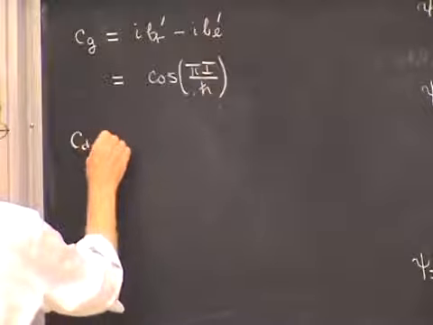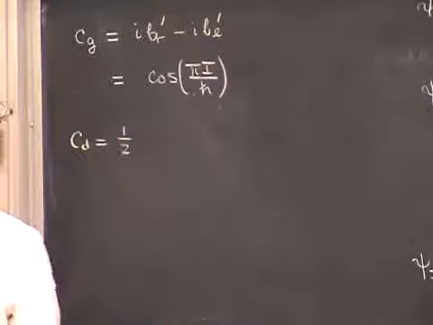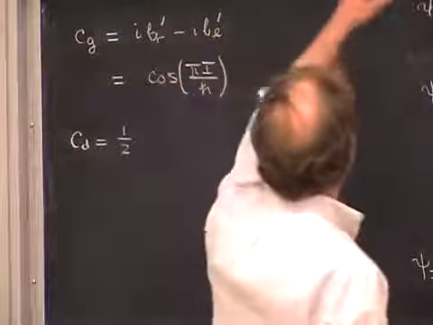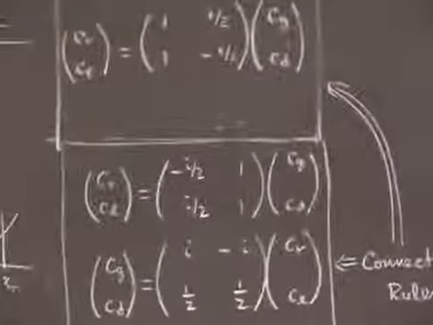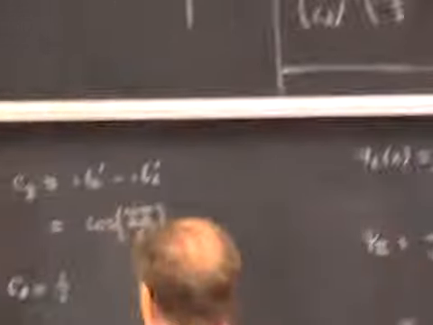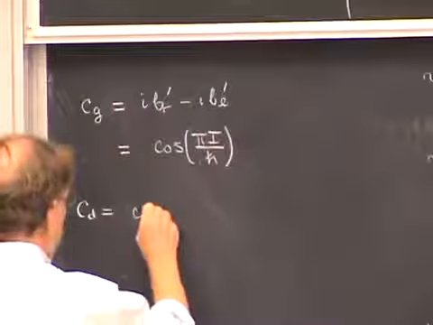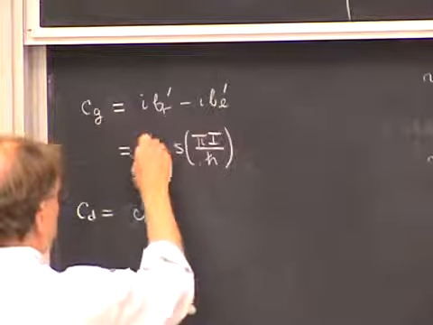And as far as CD is concerned, it's 1/2 of the sum of the two, using this matrix. So it becomes 1/2, turns it into a cosine. This was actually twice the cosine.